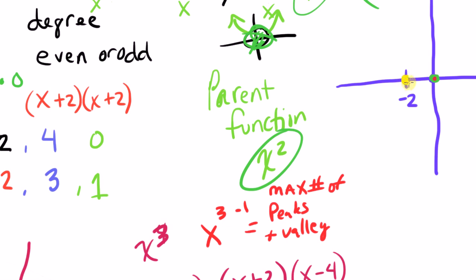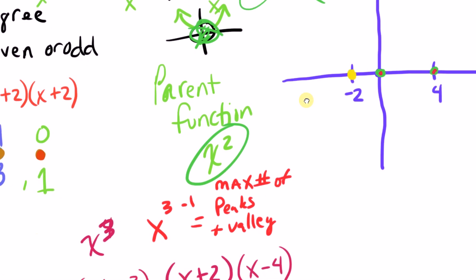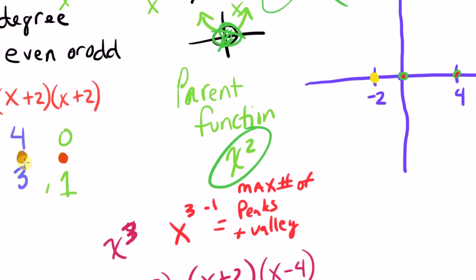So it's going to be yellow dots. Odd multiplicities, I'm going to make, that's a bad color, isn't it? Let's make them this color. Now notice that 3 and 1 are odd, but 1 is completely different. So we're going to do this guy in red. Okay, so which one had a multiplicity of 3? The 4, right? So that one's got to be that brown color. Hopefully I can find it again.